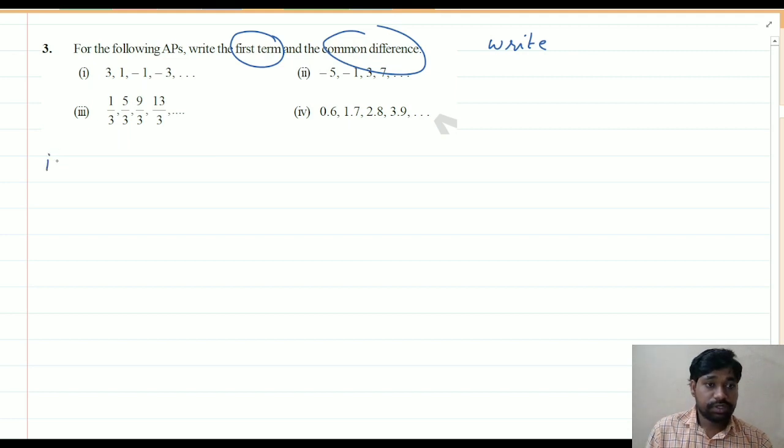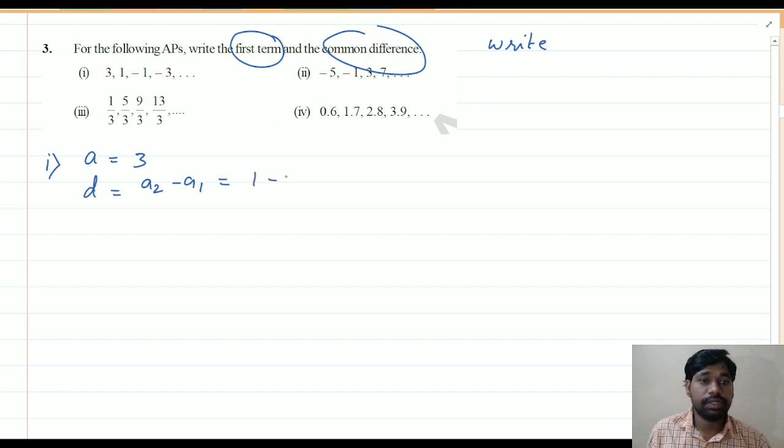So in the first question, the first term is nothing but 3. The common difference D is equal to A2 minus A1, we have to find it: 1 minus 3 is equal to minus 2.